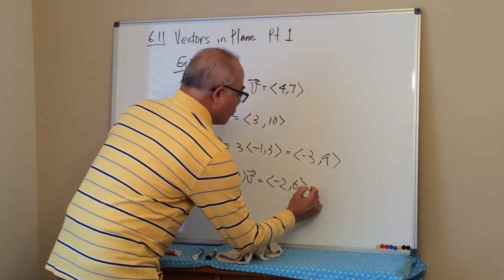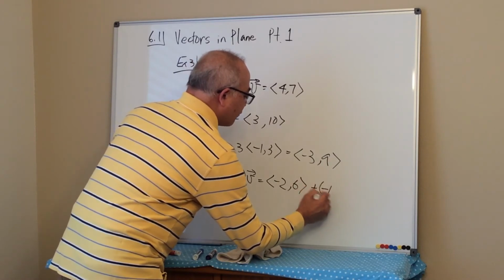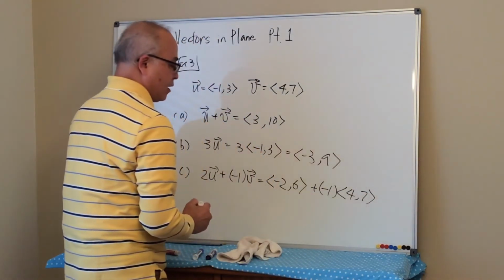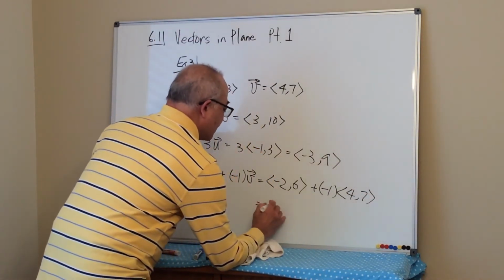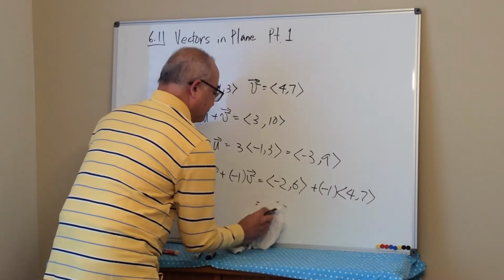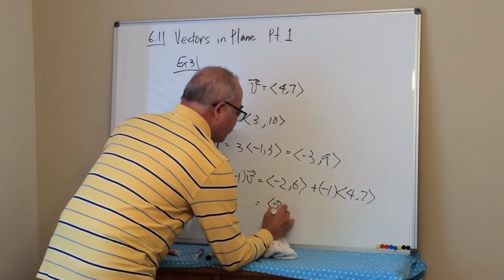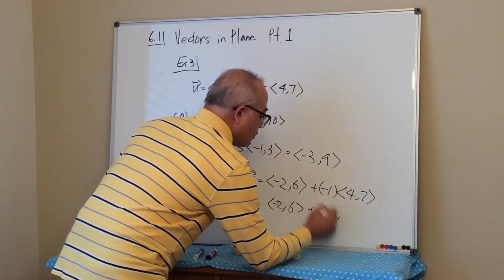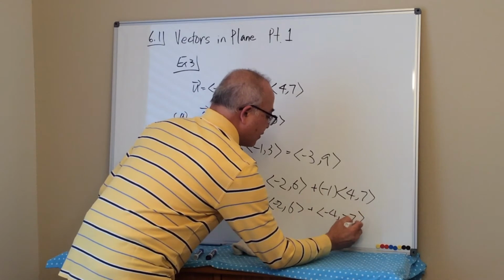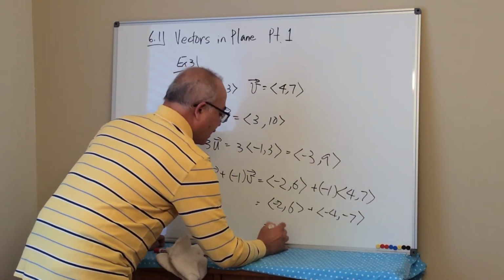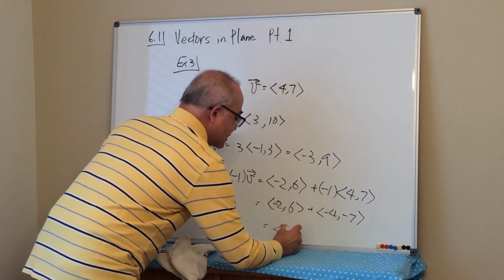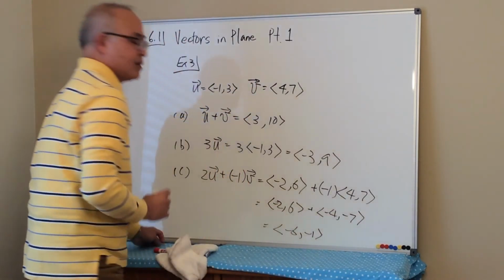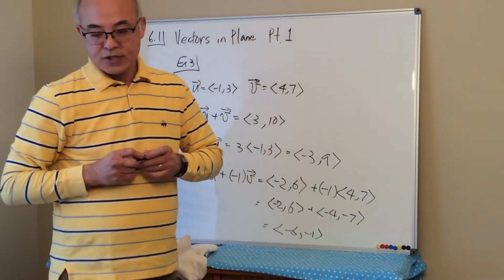Then I add negative 1 times v, which is (-4, -7). Adding them together, I get -2 minus 4, so -6, and 6 minus 7, which is -1. So that's the operations.